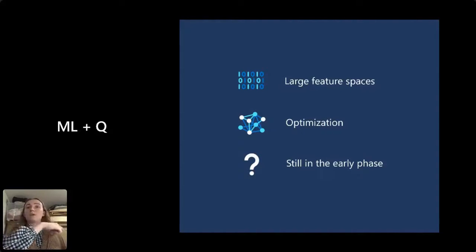So when the feature space is booming, we don't have a linear or exponential growth in the number of qubits that we need, but we still have a reasonable number of qubits.